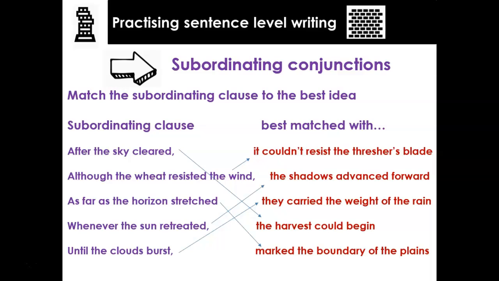This is a lovely moment of antithesis, of opposites, retreat and advance. Quite a military metaphor in this sentence. Whenever the sun retreated, that means to go back, the shadows advance. This lovely interplay between shadows and sun. Until the clouds burst, they carried the weight of the rain. Brilliant. So if you got those matched correctly, give yourself a five out of five.